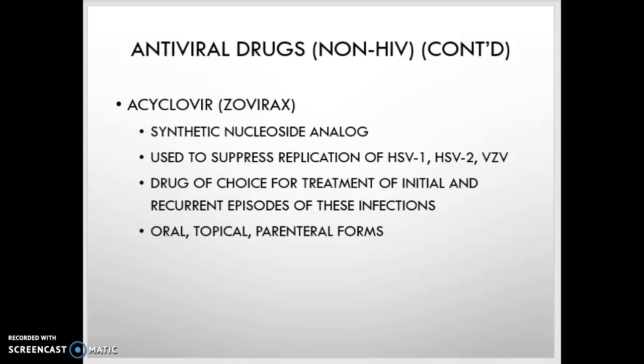Then they will order a refill of that for the patient to have on hand, because these drugs work very well when they're given within 72 hours of the onset of symptoms. And so once a person has the herpes virus or the varicella zoster, the shingles virus, they're familiar and they know when an outbreak is going to occur.